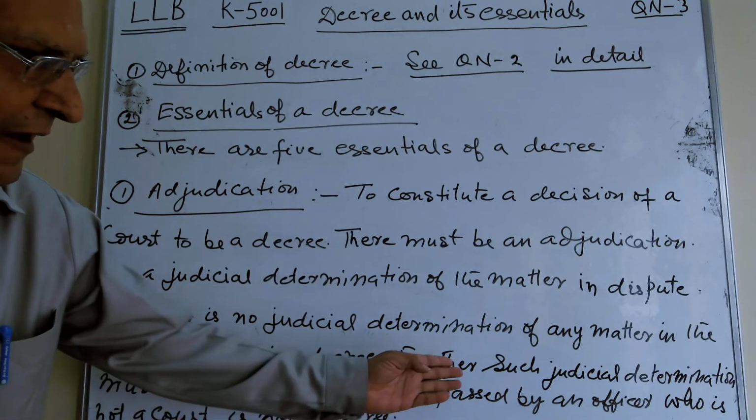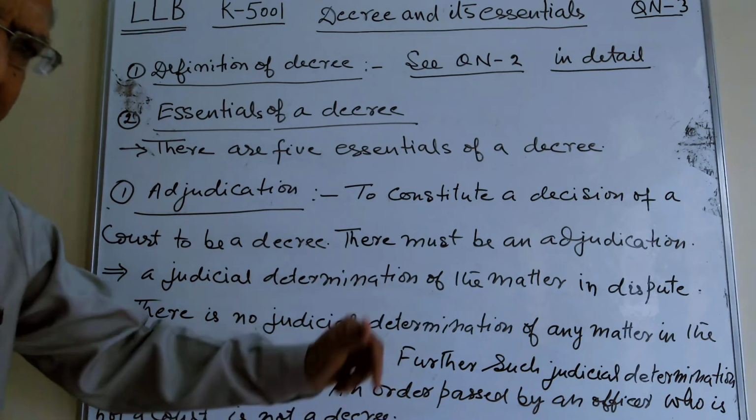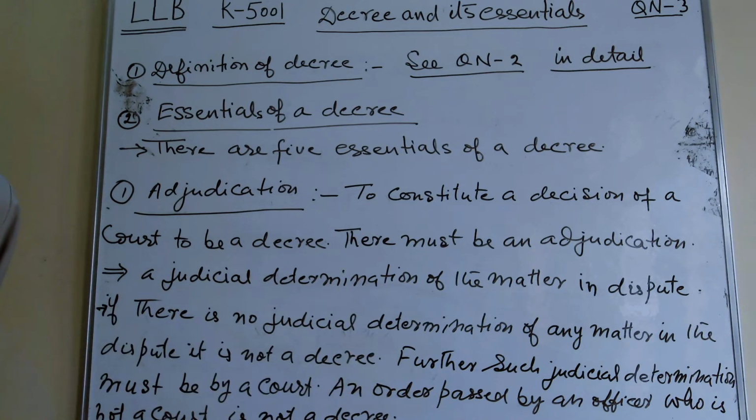Any order passed by an officer who is not a court, who is not a judge, is not a degree. This is the first essential of a degree, that is education. Now I am taking the second essential.